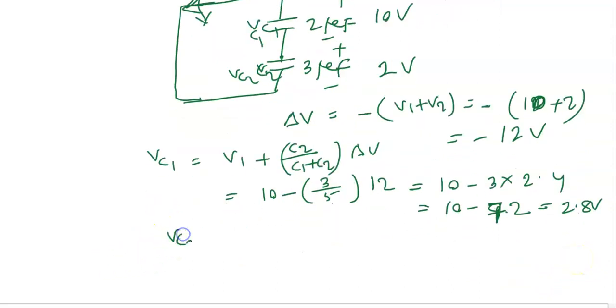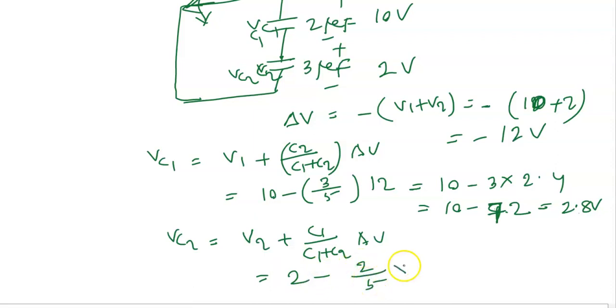Then VC2 will be V2 plus C1 upon C1 plus C2 into del V, that is the initial voltage 2 volt minus 2 upon 5 into 12, that is 2 minus 2 into 2.4, that is 2 minus 4.8.